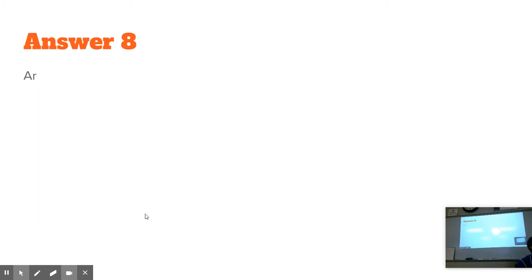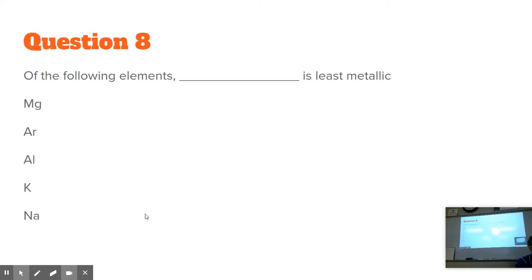Because what is argon? It is a noble gas. So we would expect a gas to have little to none in terms of metallic character. All the other ones are metals, but with varying degrees of metallic character.